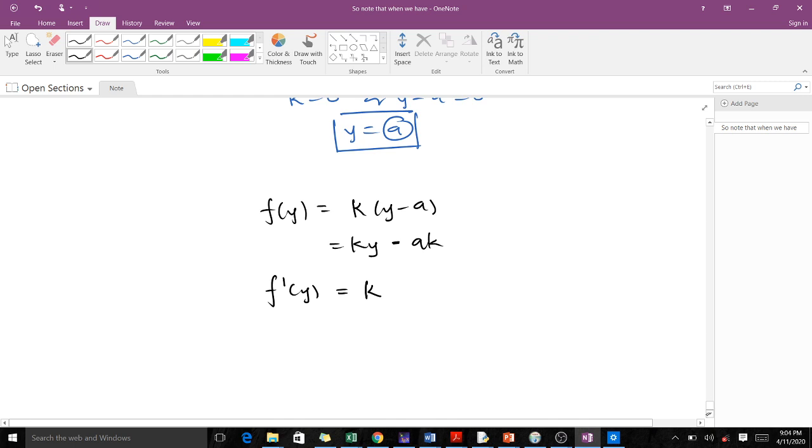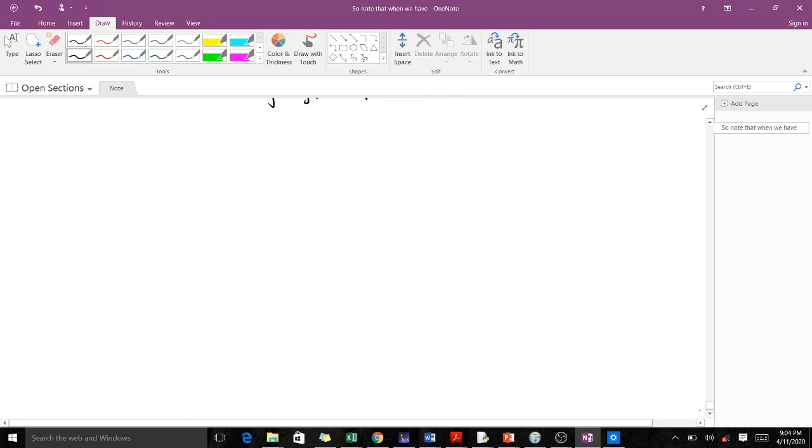To discuss the stability, we put our fixed point inside. So we realize that we have f prime of y equals k. Our fixed point, we had it to be y star equal to a. So f prime of a, our fixed point, will be equal to k. It doesn't change anything here.